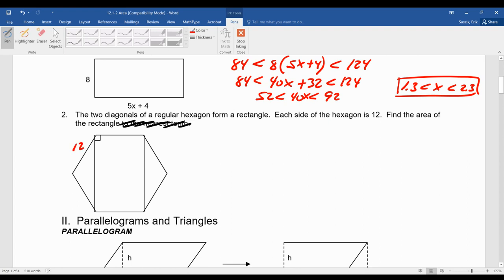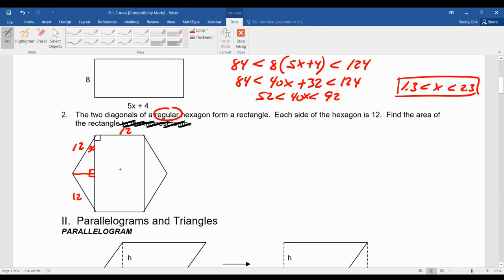So if that's 12, that's 12. Remember, this is a regular hexagon. If you remember from your polygon unit, all the angles of a regular hexagon are 120. So if that's 90, this must be 30. And this is clearly going to be an isosceles triangle.